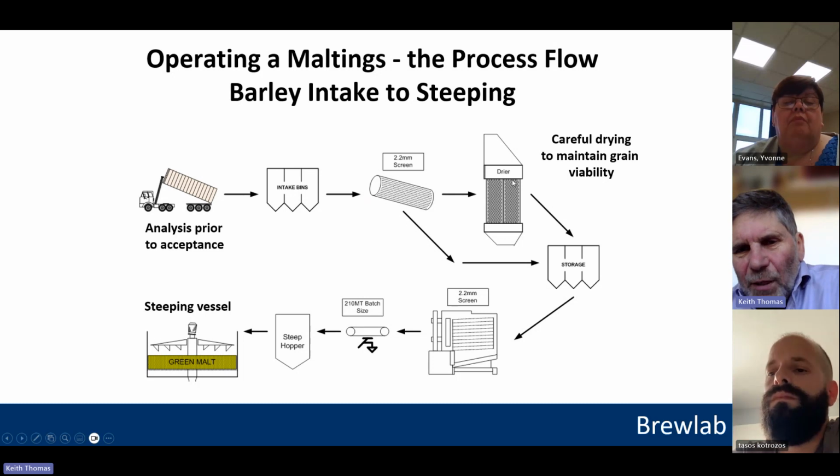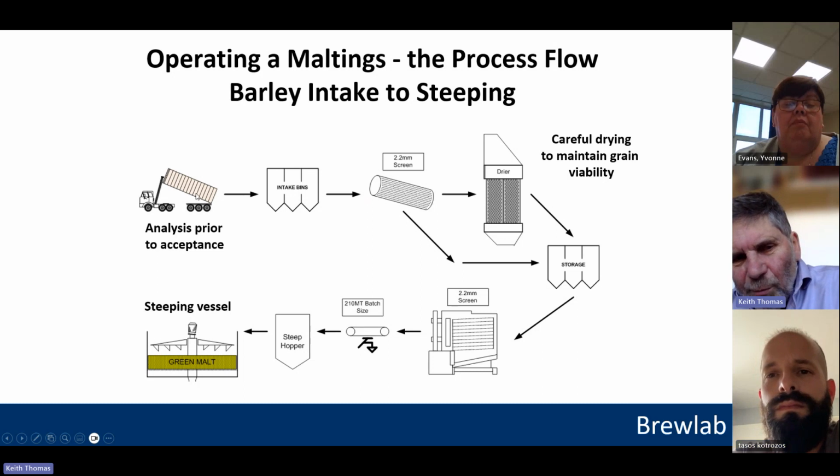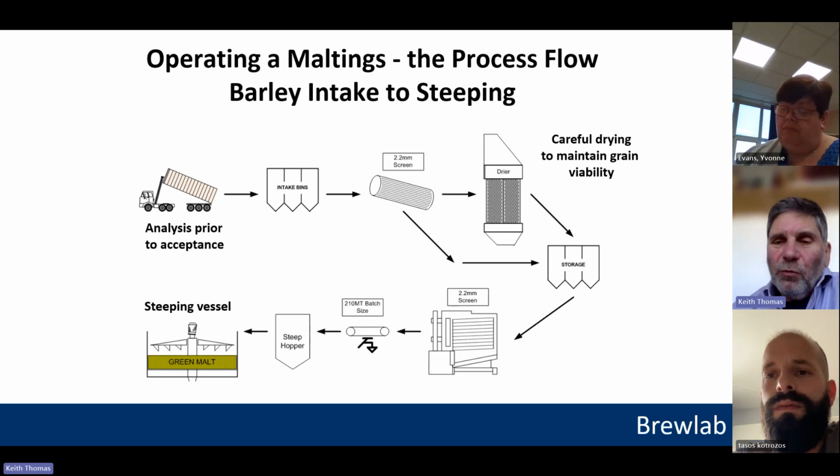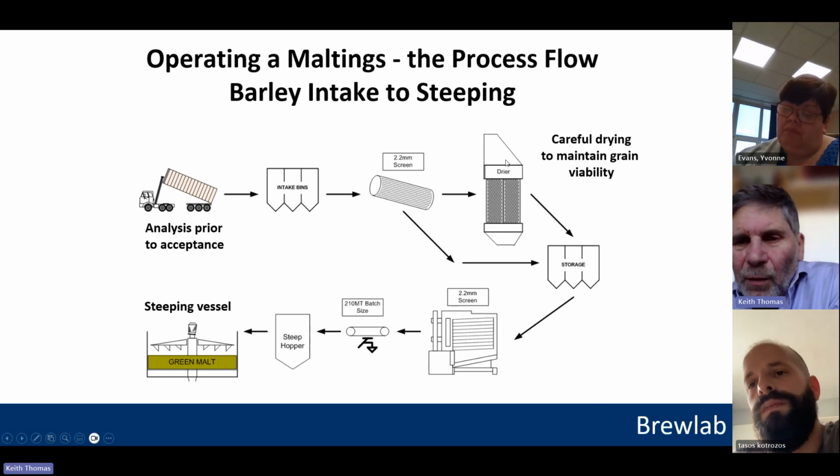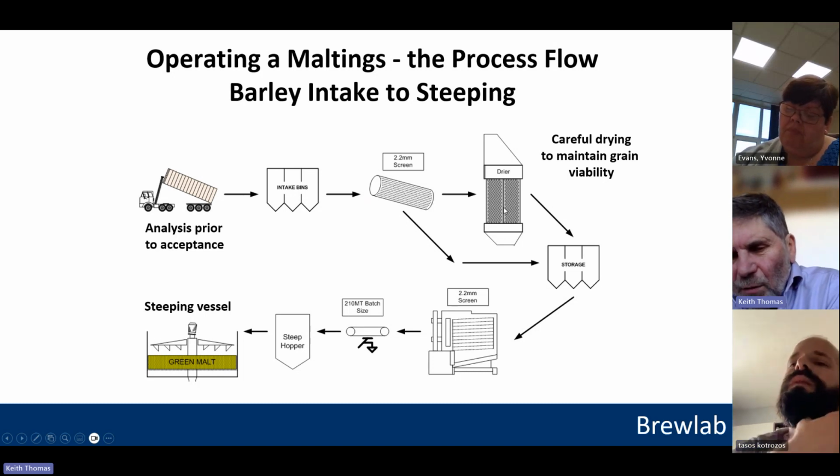Dried off from 11% down, maybe a bit. Storage again, then through another screen into eventually the hopper to put in the steep. So it doesn't come straight from the farm into the steep. It has to be processed, checked, to make sure that there's no foreign materials, and that the drying is to the set amount.